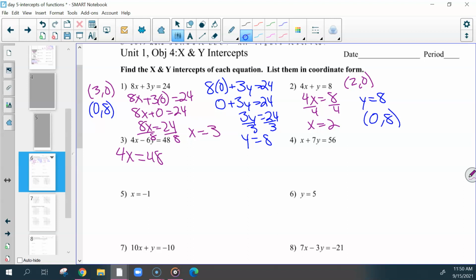If I were to put 0 in for x, it would disappear, so I have negative 6y equals 48. What is my y-intercept? Negative 8.